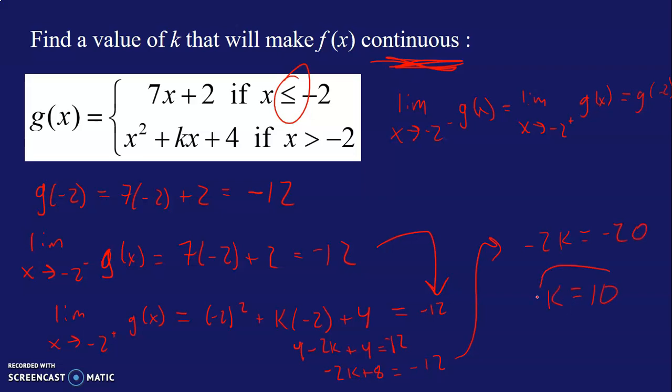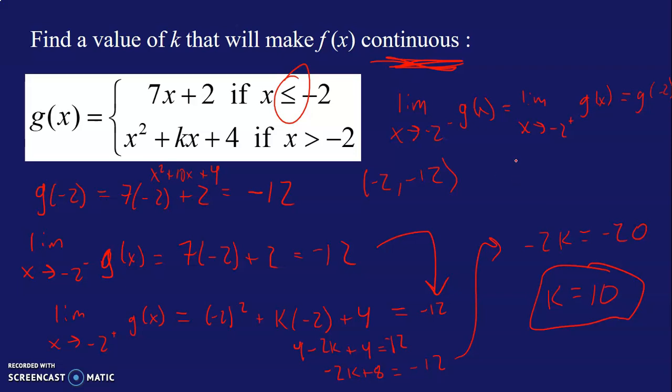So k would be 10. So in order for this to be continuous, k would have to be 10. That would have to be x squared plus 10x plus 4. And if you graph both of these functions using Desmos, they should both meet at the point (-2, -12).